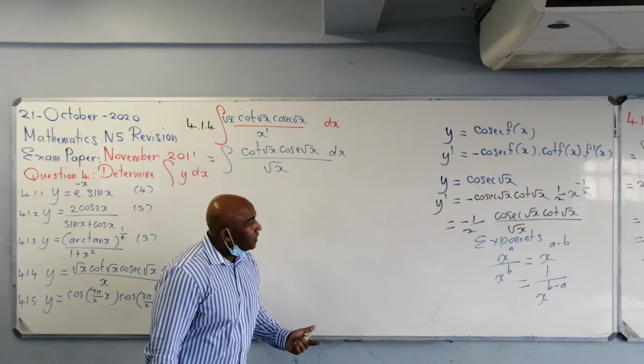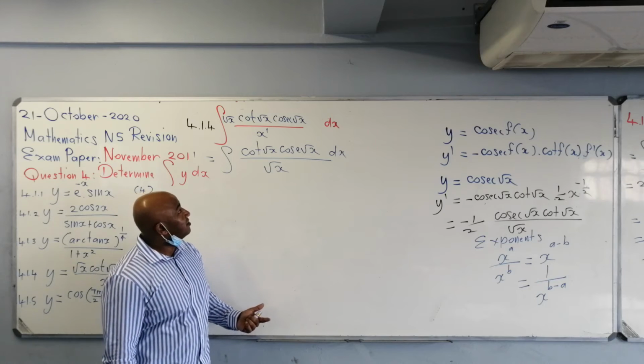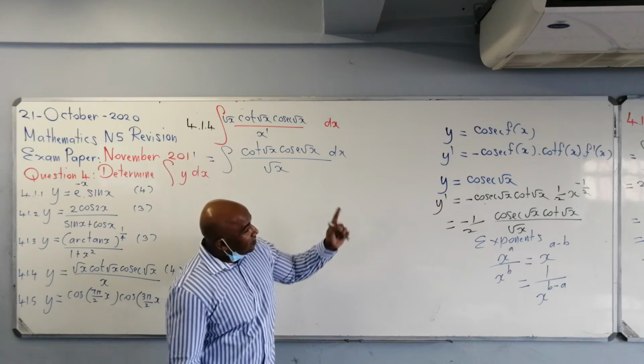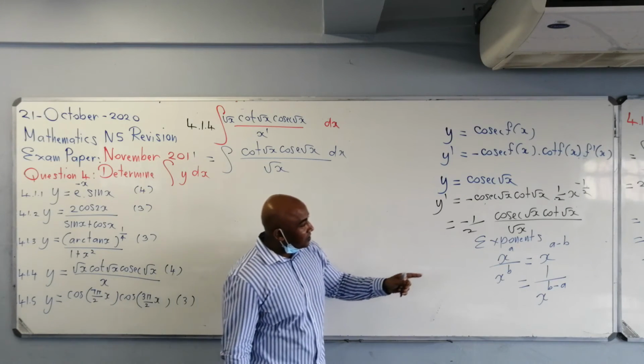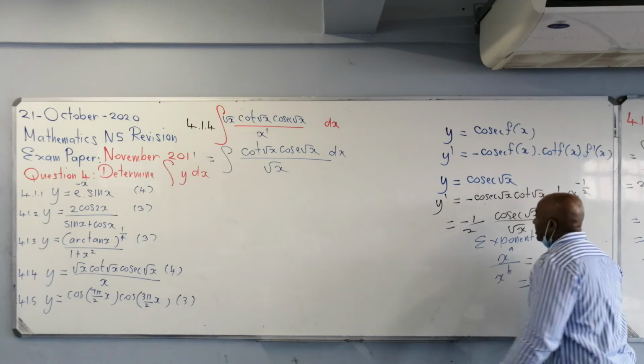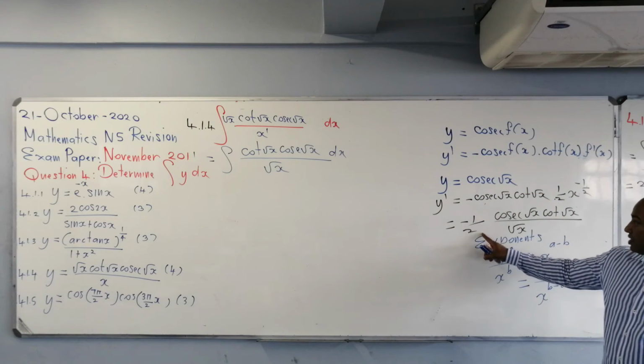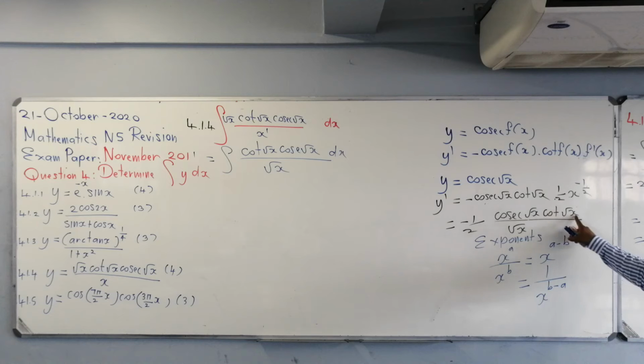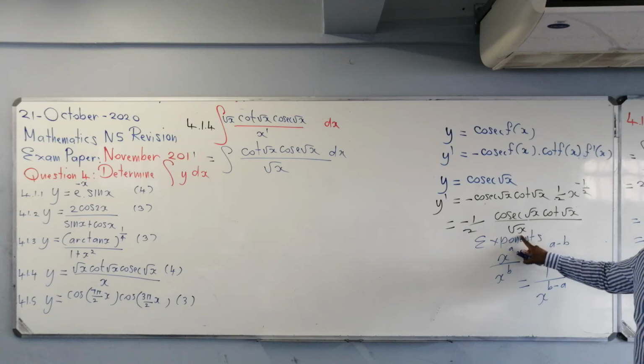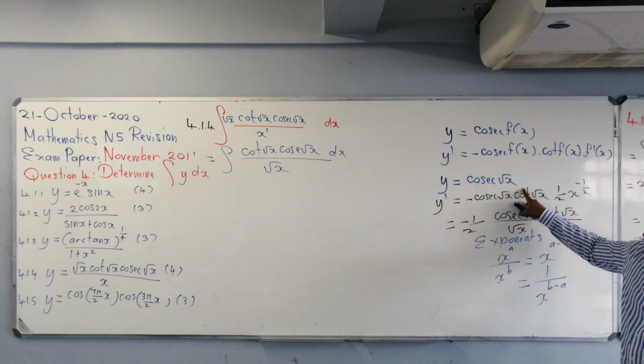So what do we know? The exact derivative of cosec of root x is minus 1 over 2 cosec root x cot root x divided by root x. Okay. This is the exact derivative of cosec root x.